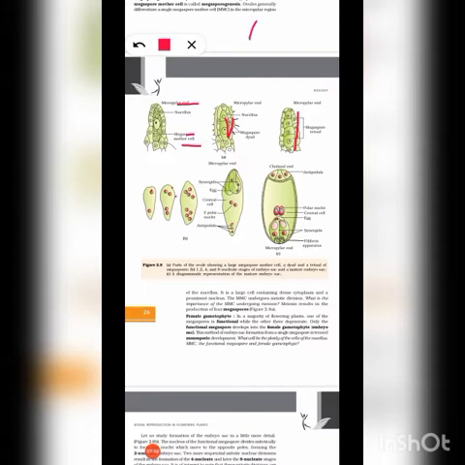If one cell undergoes mitotic division, 2 cells will form, isn't it? And if these 2 cells again undergo mitotic division, this cell will become 2, and this also will become 2. So likewise 4 will form. Understood?